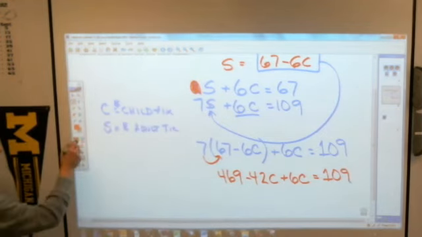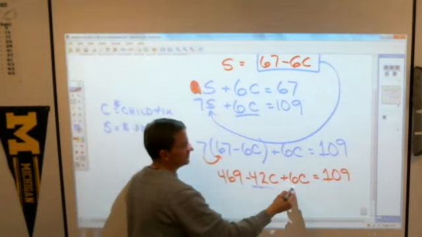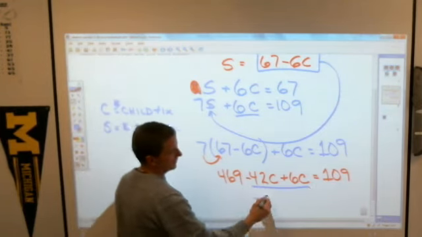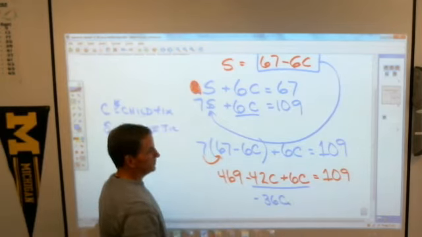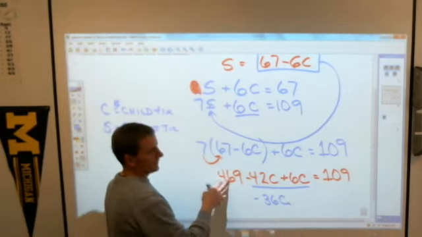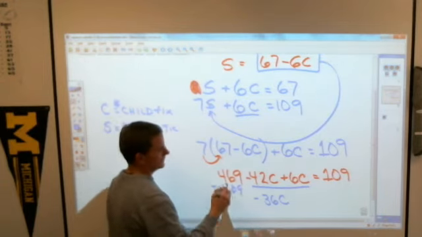Looks like we got some negatives to deal with here. Negative 42C plus 6C is negative 36C. Which you might think is bad, but it's not going to be bad because we're going to end up with a negative number on the other side because I have to subtract 469.